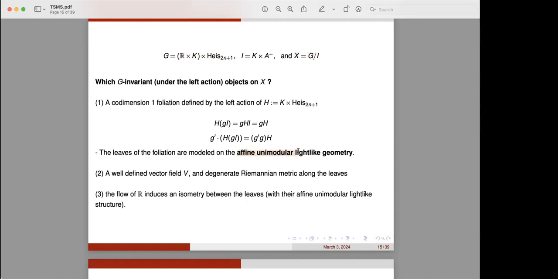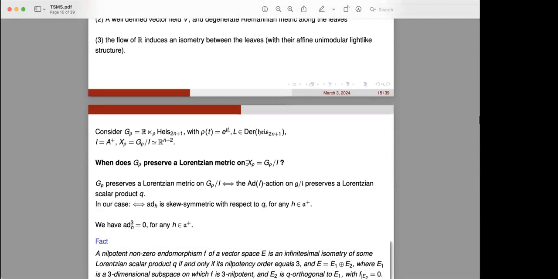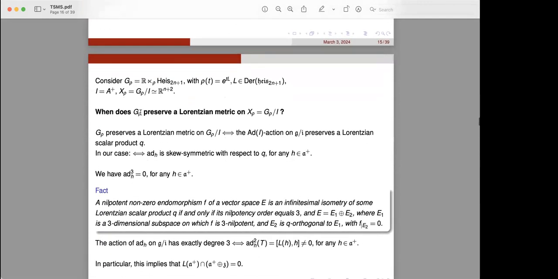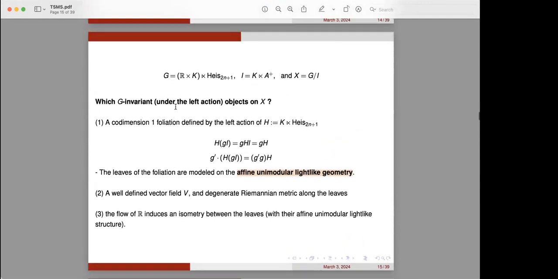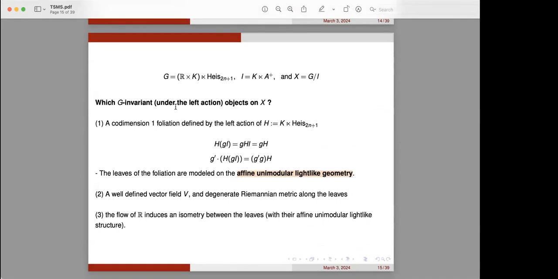The leaves are modeled on the unimodular-like geometry. We ask whether the J action preserves a Lorentzian metric on X.